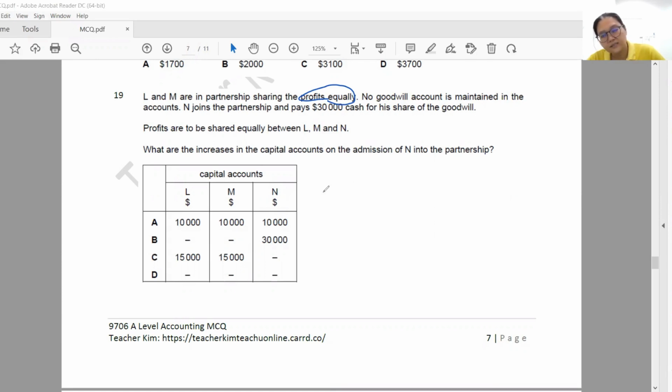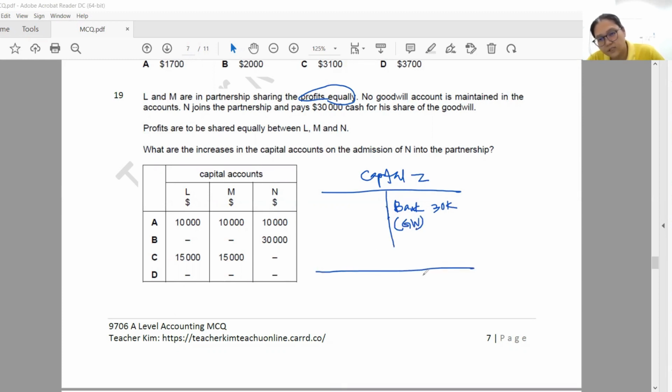So what happened is, in the capital account for Z, he used this money, 30,000, and this 30,000 is for the goodwill purpose. Therefore, the bank will receive 30,000 from the capital of Z. But this 30,000 is for the goodwill payment, so it will offset this amount.